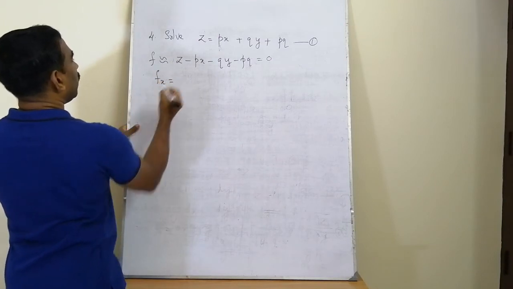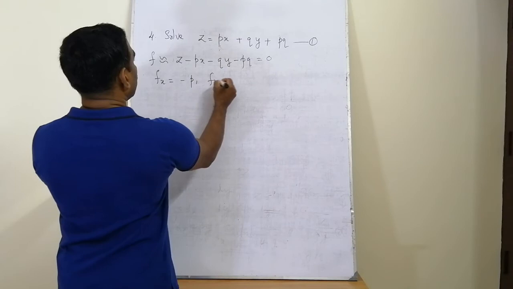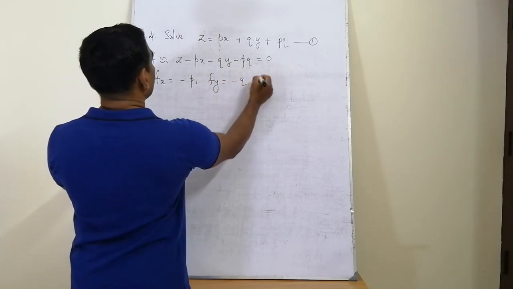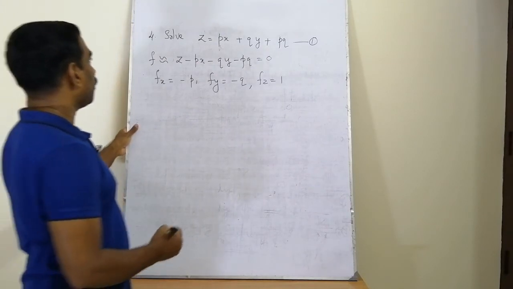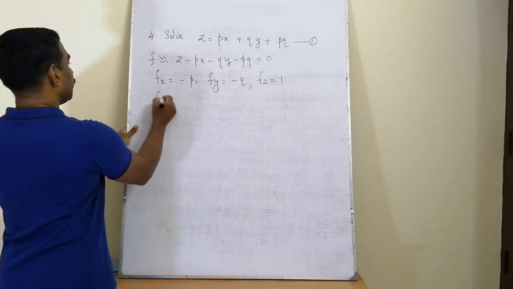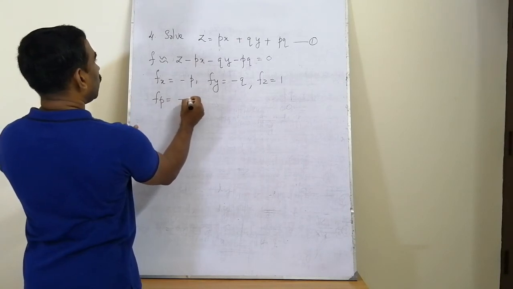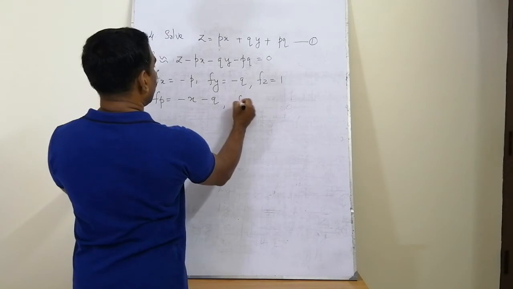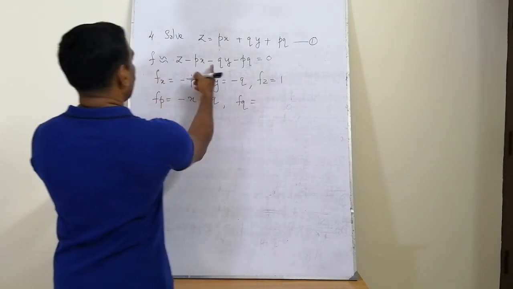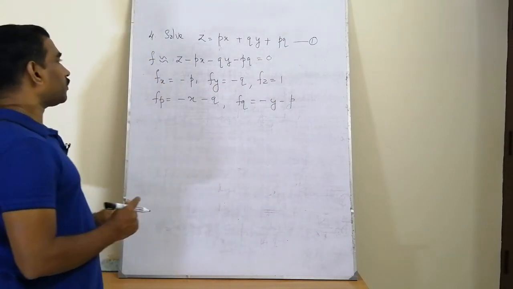And what is fx? fx is equal to minus p, fy is equal to minus q, fz is equal to 1, fp is equal to minus x minus q, and fq is equal to minus y minus p.